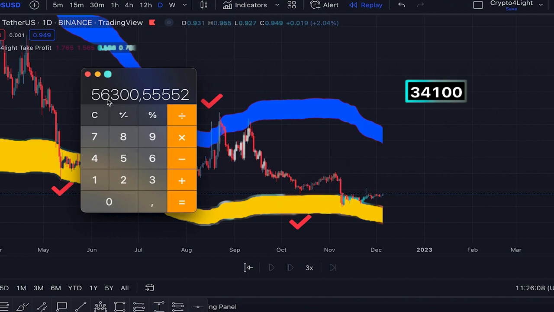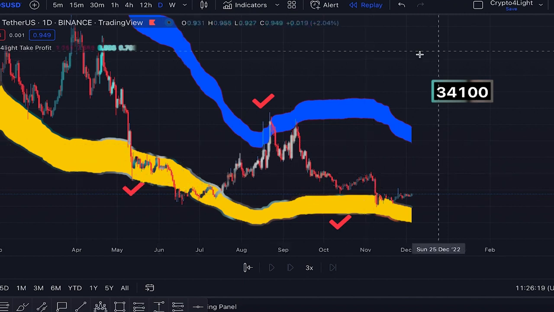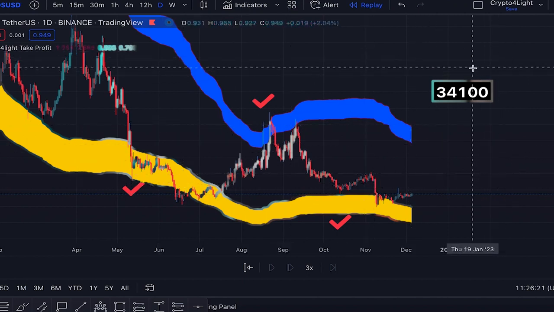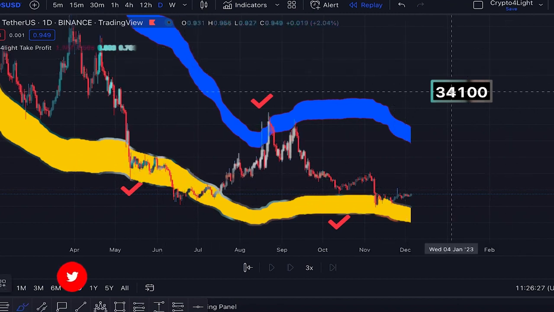This 56K you can multiply by 50% and then multiply again, and with just one single indicator, with one simple set of rules, you can increase your deposit with almost zero risk with one simple strategy from 10K to 1 million.